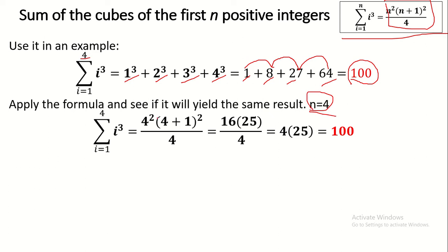So, 4 squared times the quantity 4 plus 1 squared, divided by 4. So, 4 squared is 16. 4 plus 1 is 5. When you square 5, you have 25, divided by 4. So, we can divide 16 by 4. 16 divided by 4 is 4. 4 times 25 is equal to 100. So, the answers are the same.